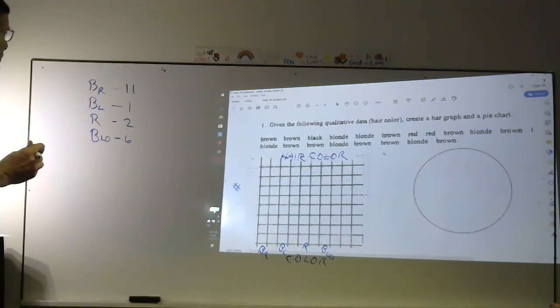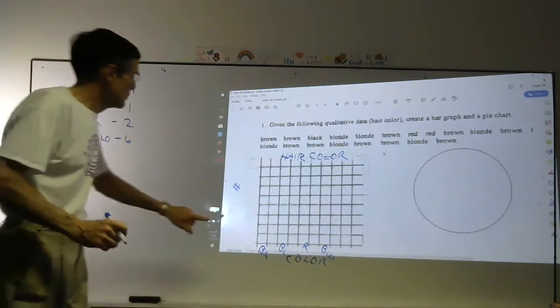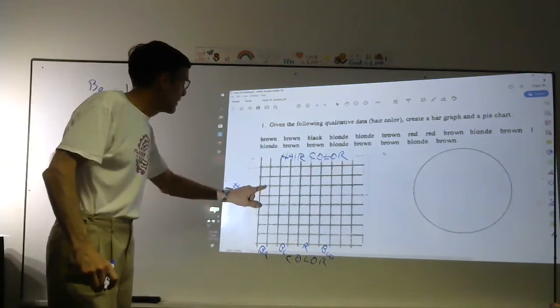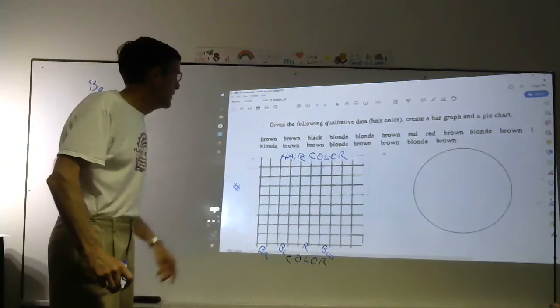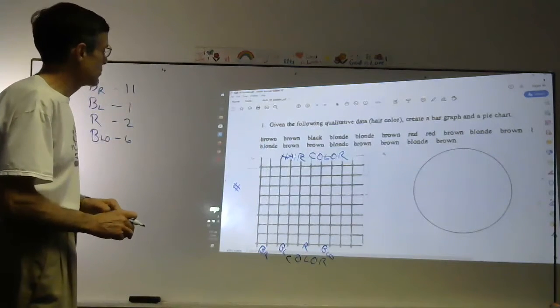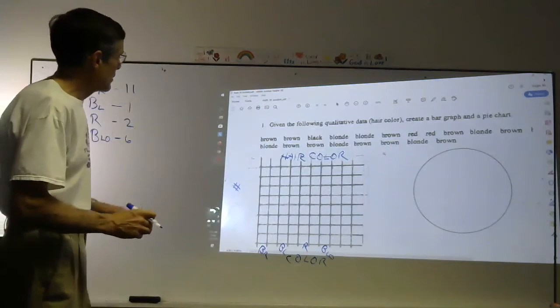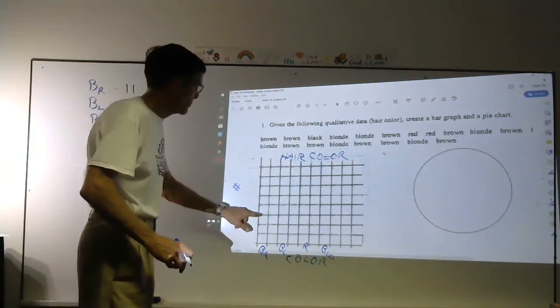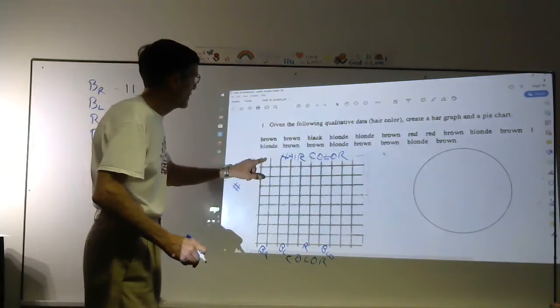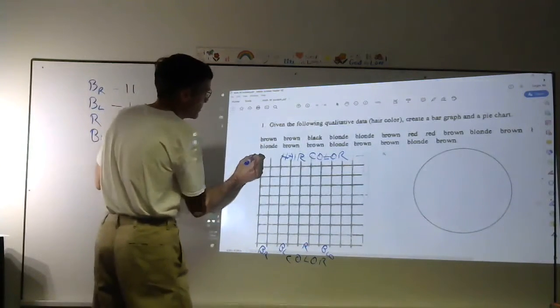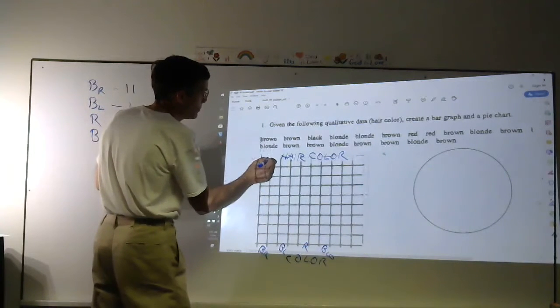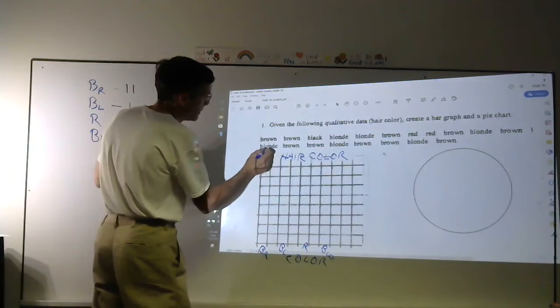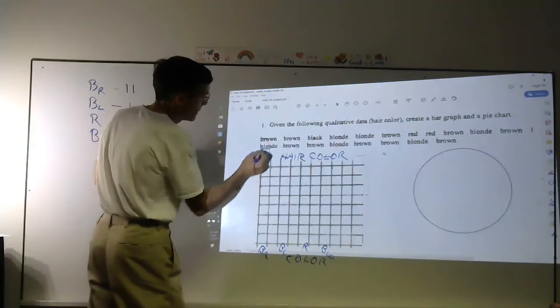Now, we've got to get 11 brown hair. Do we have enough? 1, 2, 3, 4, 5, 6, 7, 8, 9, 10, 11. Barely. We'll try to squeeze it in. So brown, we've got 11. So this is going to come up 2 more, like this, okay?